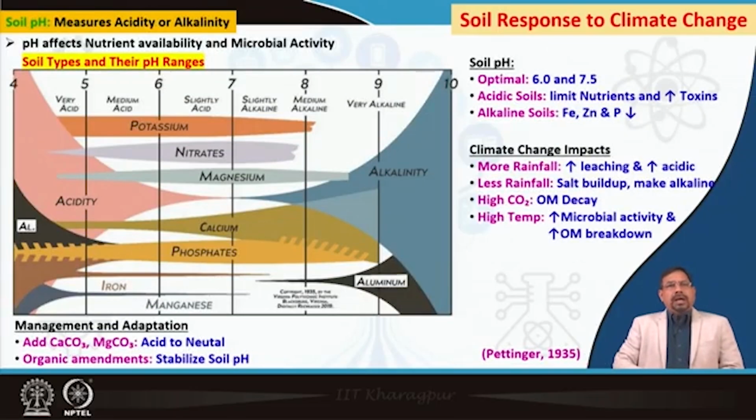And as far as the soil pH is concerned, it measures the acidity or alkalinity. As all of us know, pH affects the nutrient availability and the microbial activity. So soil pH optimal is between 6 and 7.5, depending on what kind of area it is, where it is, and what kind of supply it is receiving.